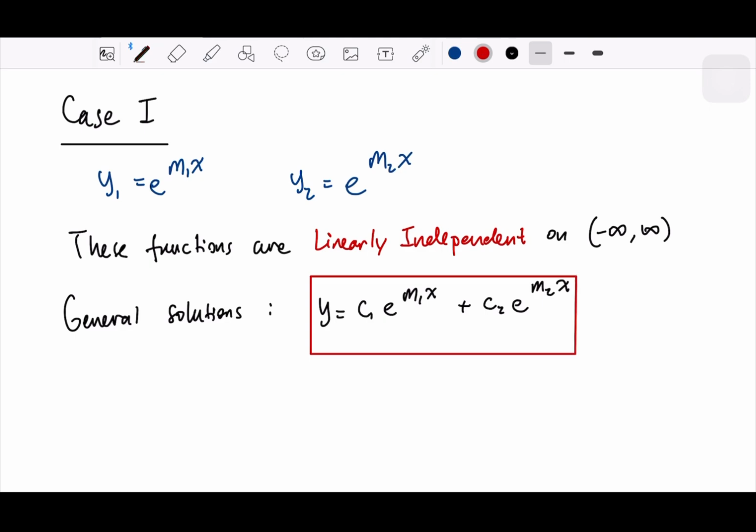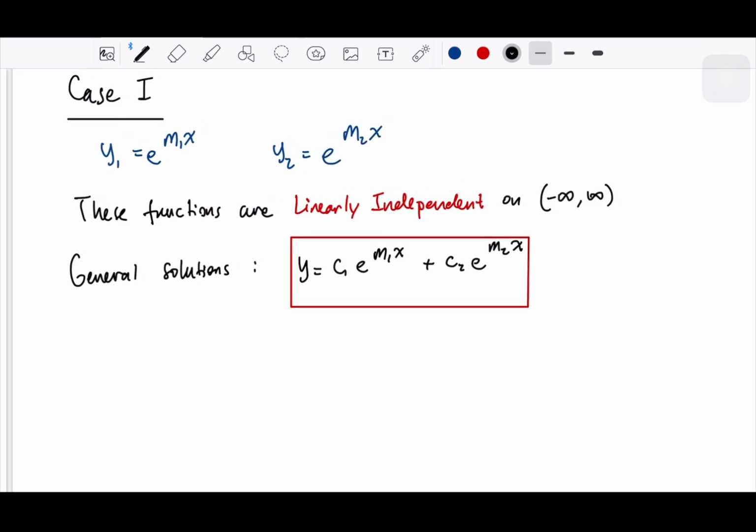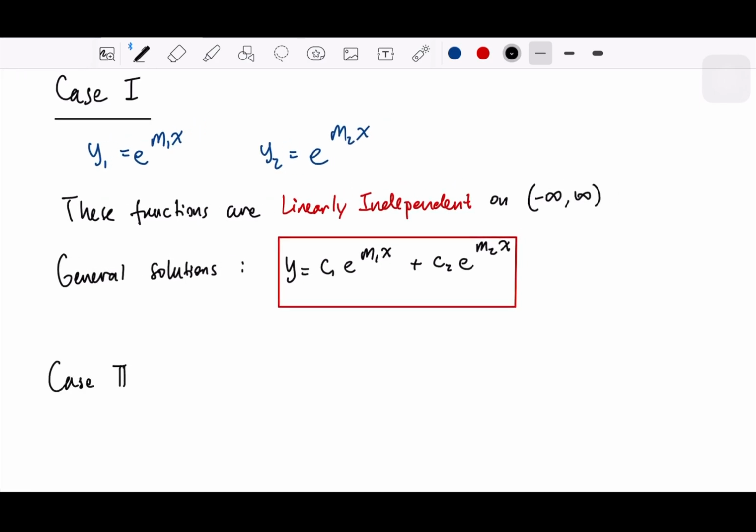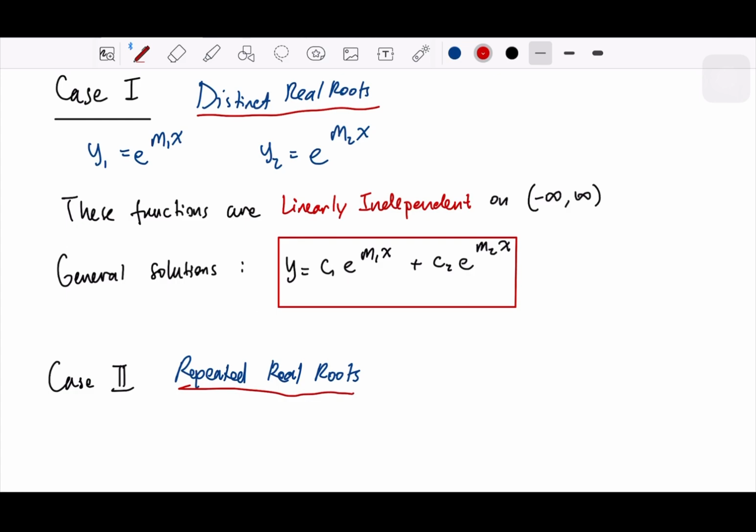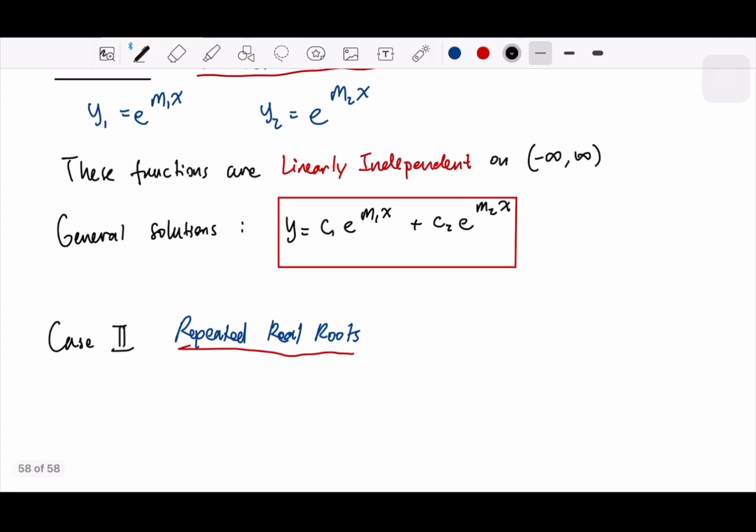Let me describe all the cases first, and then we can see some examples. So case 2. We call the first one distinct real roots, which I forgot to mention. The second one is repeated real roots. So it only has one solution, let's say e to the power of m1x.